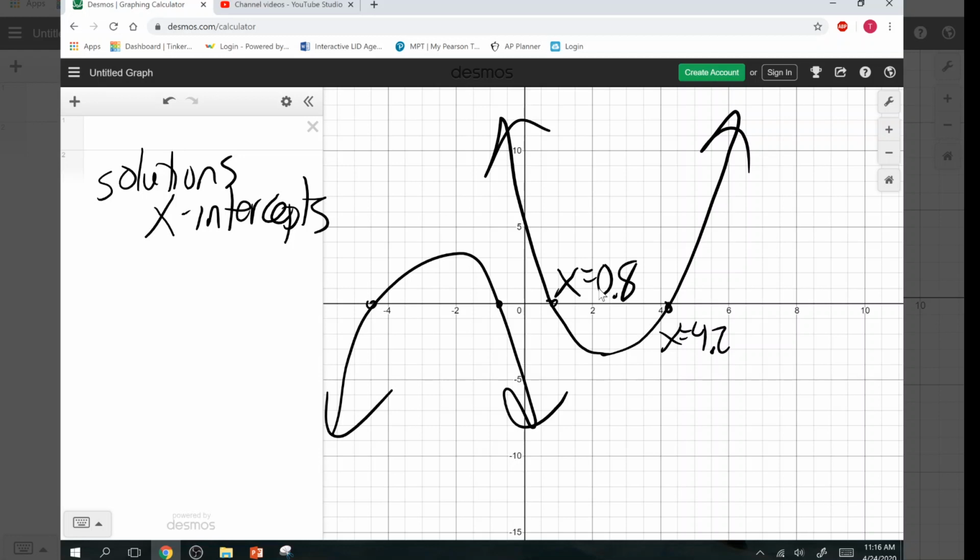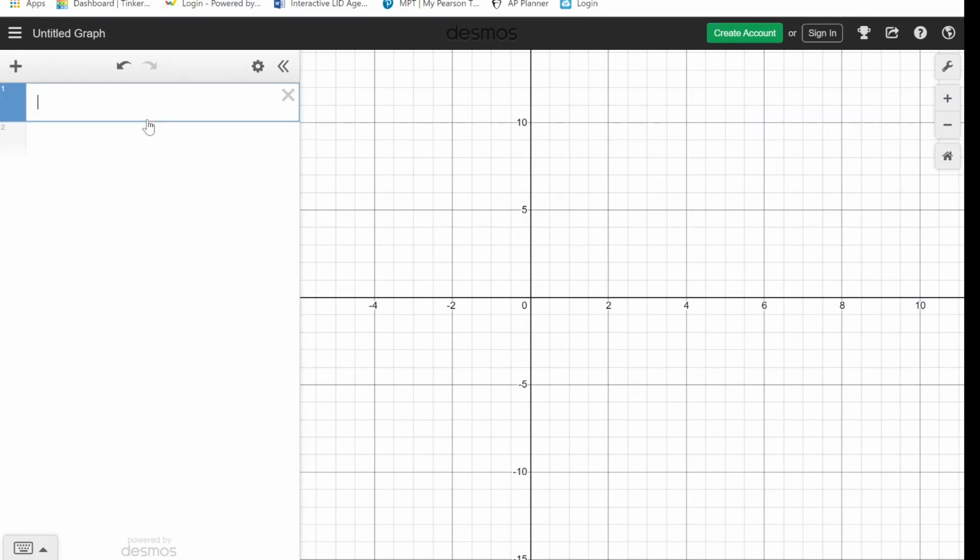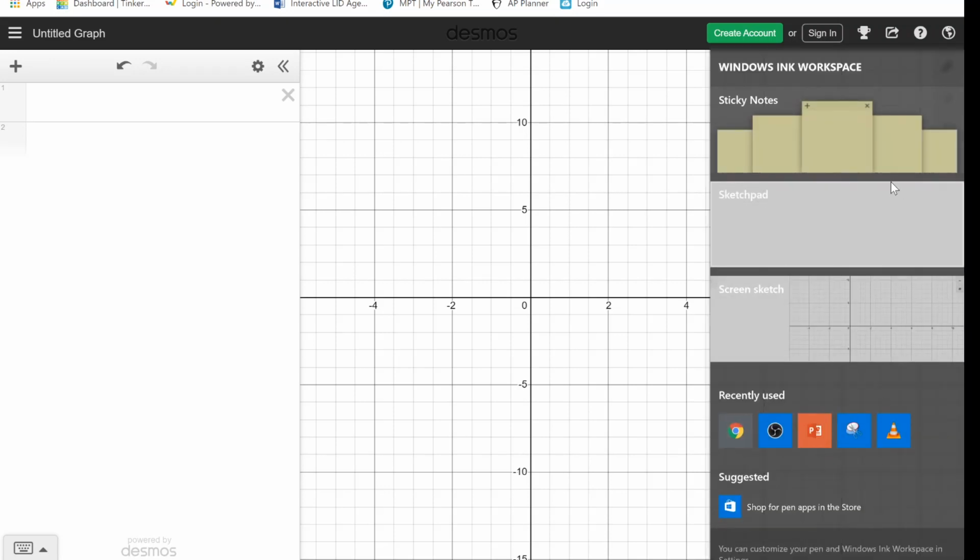So let's go through a couple of examples, actually in Desmos. How would you do this? Say I'm given a question like, I'm going to write it in my scratch pad here: x squared minus 3x plus 9 equals 0. If they say, find the solutions to this quadratic equation, what I do is just dump this into Desmos. x squared minus 3x plus 9.